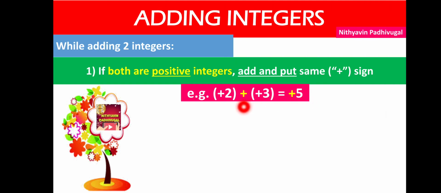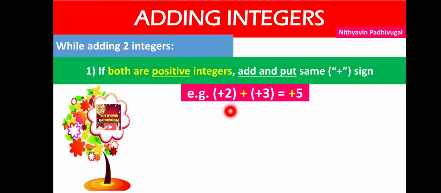This plus in yellow color denotes the operator addition. What is the operation here? Addition is the operation. Here, plus 2 denotes positive value of 2, gain, income, like that. 3 with plus sign, positive value of 3, plus 5, positive value of 5.